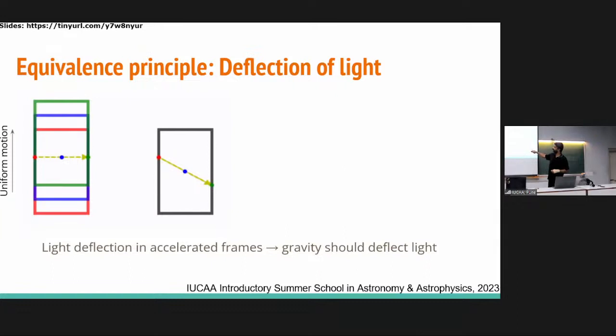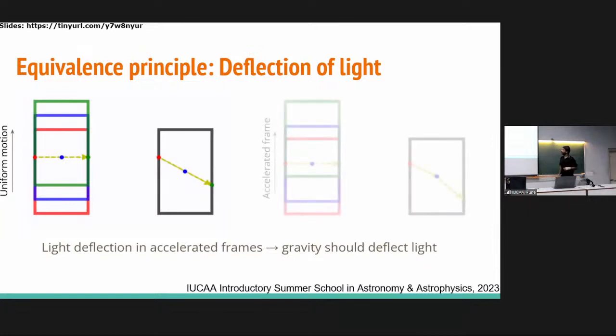The light is traveling in straight lines, and so in the blue elevator at delta t time later, this light ray will reach here, and 2 delta t time later it will reach there. Right? So if you are a person in the lift and you are trying to observe this light ray, what you will see is that it will go from here to here to here. So it still continues to travel in a straight line. This is what happens if that lift is just moving up at a constant velocity.